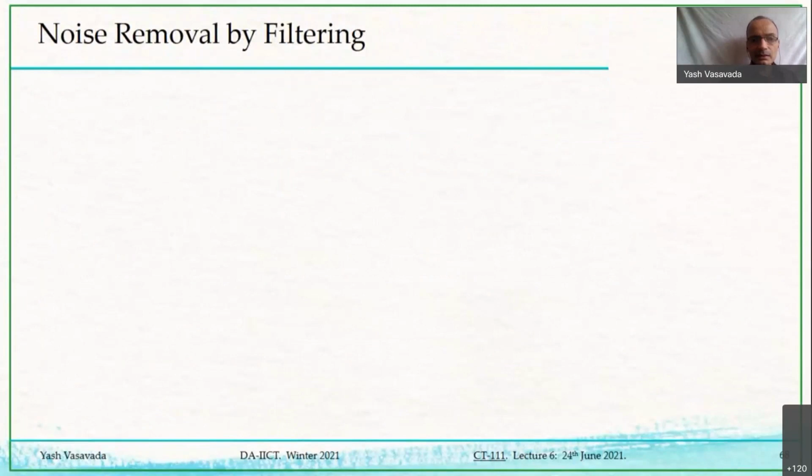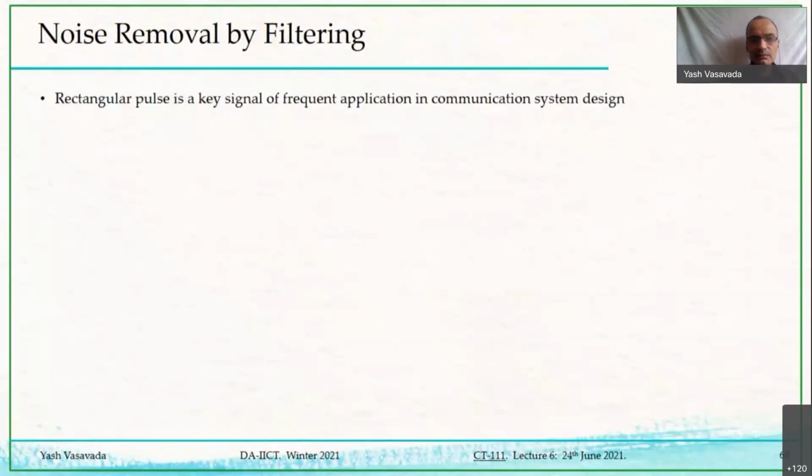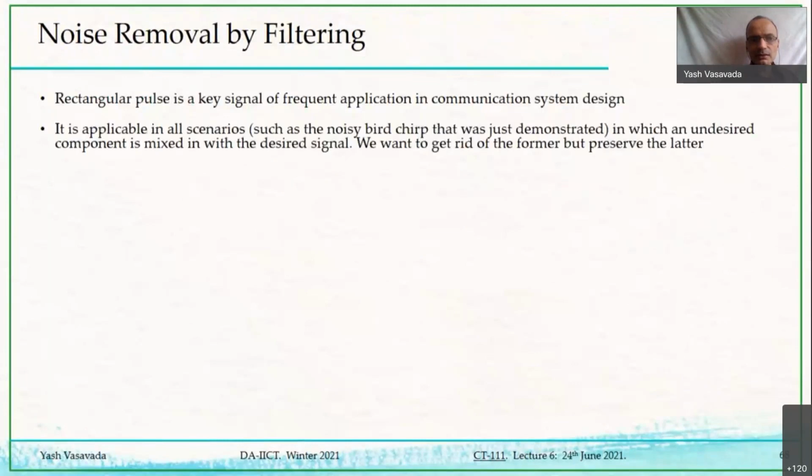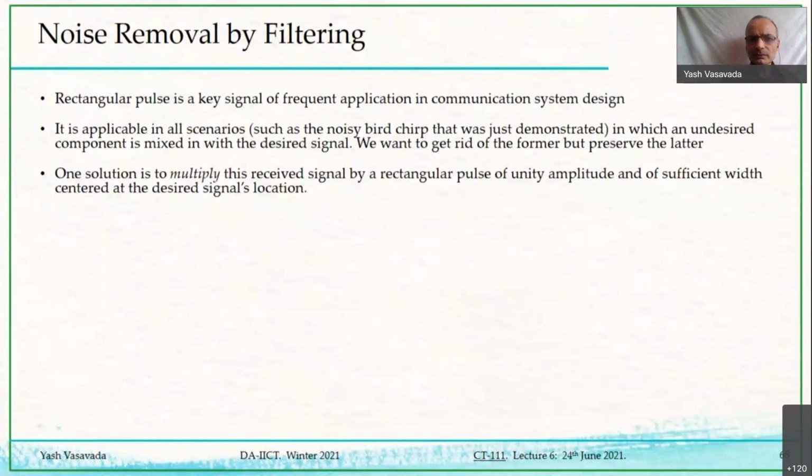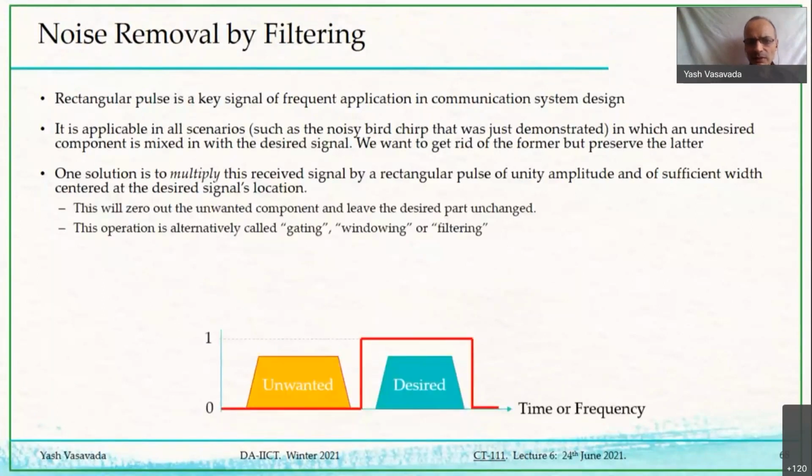The other thing about this property of convolution is that this rectangular pulse is very, very common. What happens sometimes is that you have a desired signal and you receive it in presence of some unwanted signal.